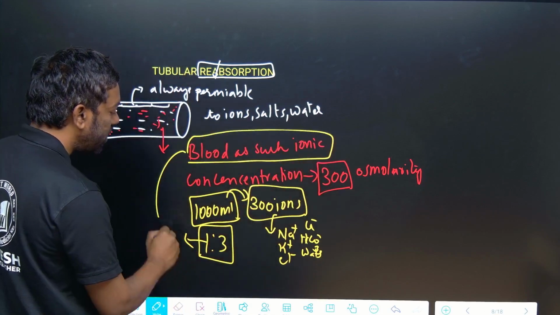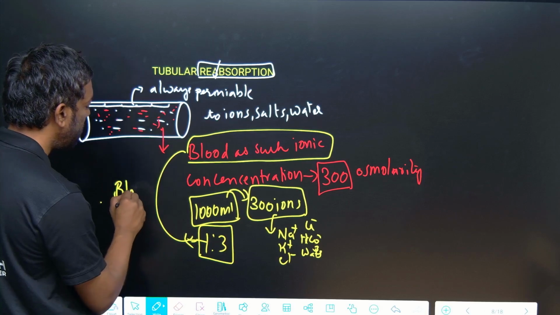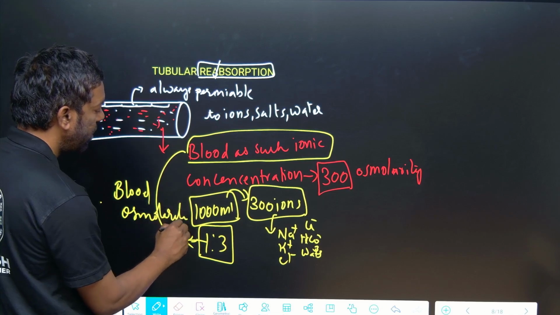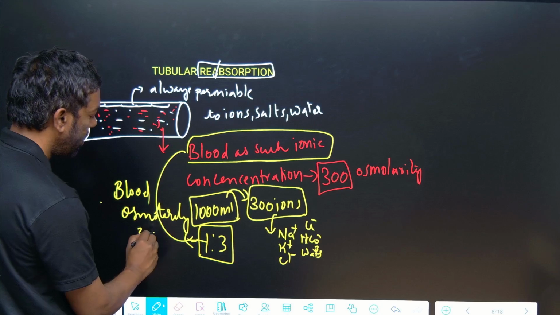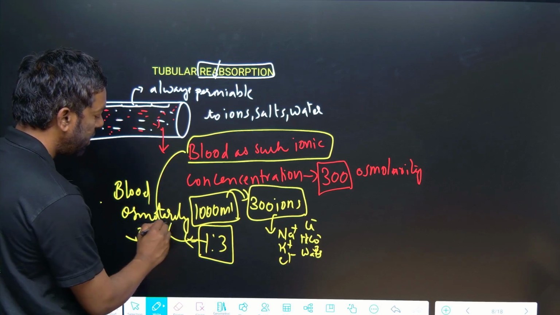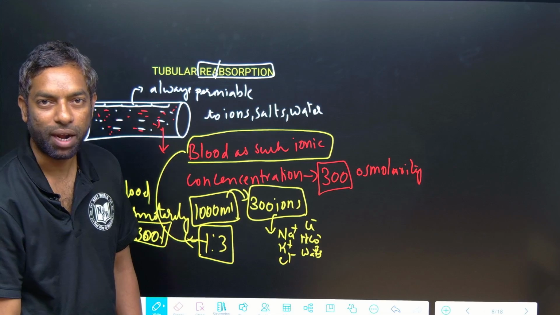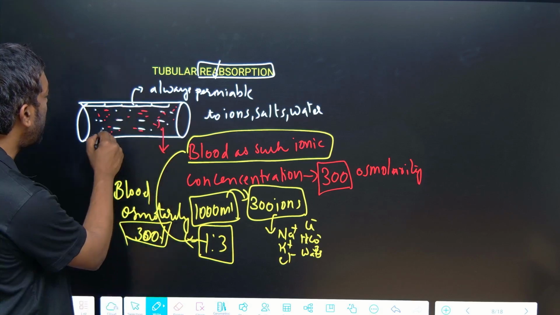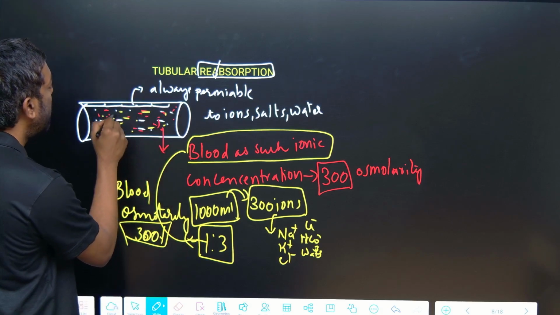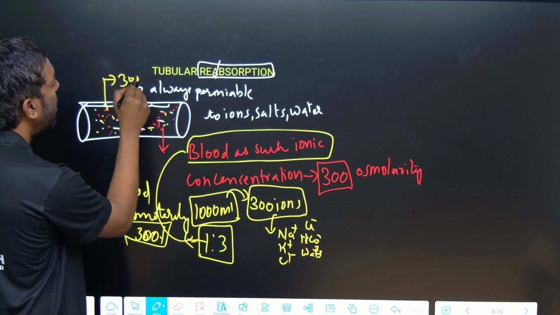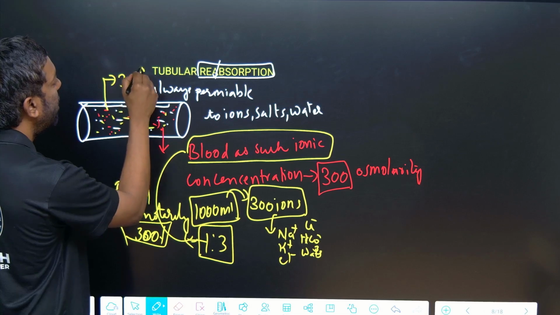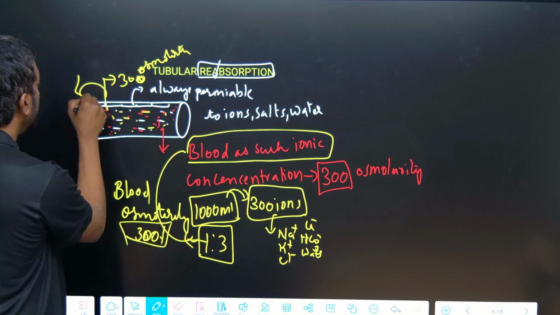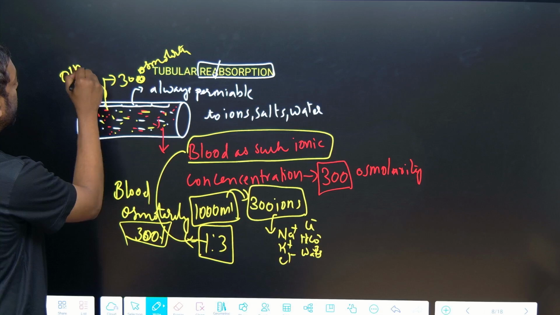Blood osmolarity is 300. Guys, this is about the capillary network. Capillaries carry blood with 300 osmolarity, which we can call ionic concentration.